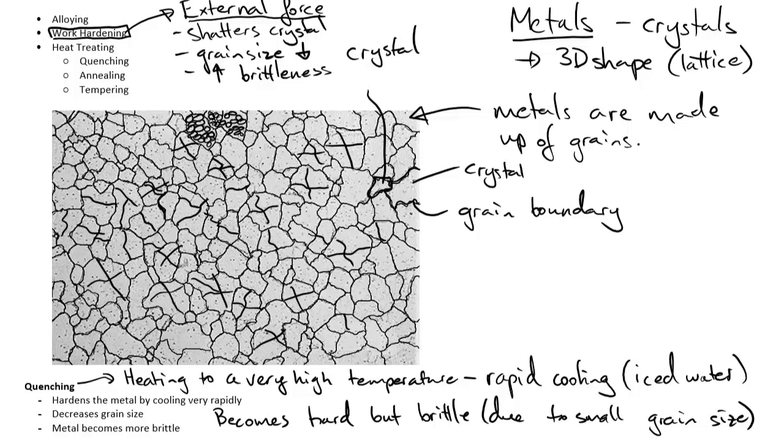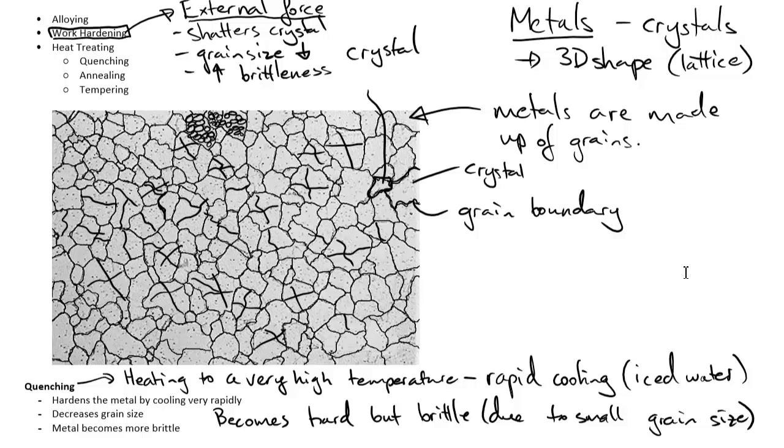Now sometimes that might be a necessary step. Say you have a very soft metal, you want to make it a bit harder, you will undergo a quenching process. So the quenching will make the metal harder, but it will also have the downside of making it more brittle. Sometimes brittleness is not a very functional thing to have with a metal, because brittle means that if you try to break something, it will just snap.